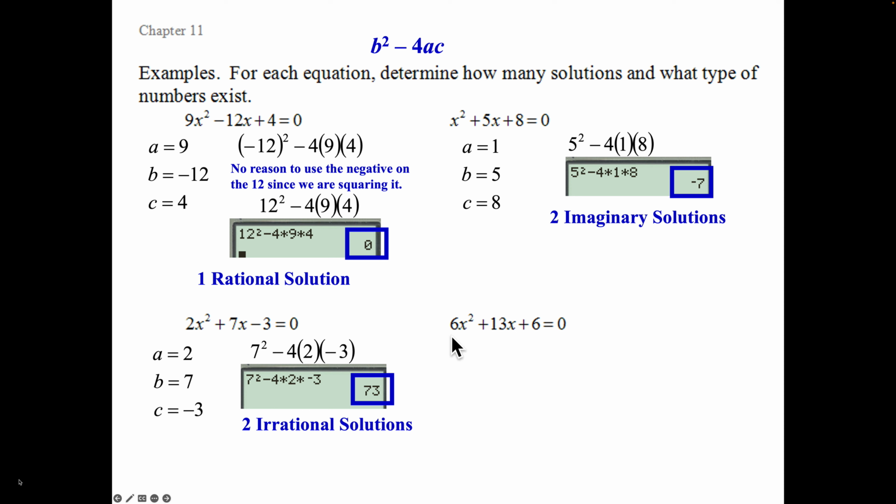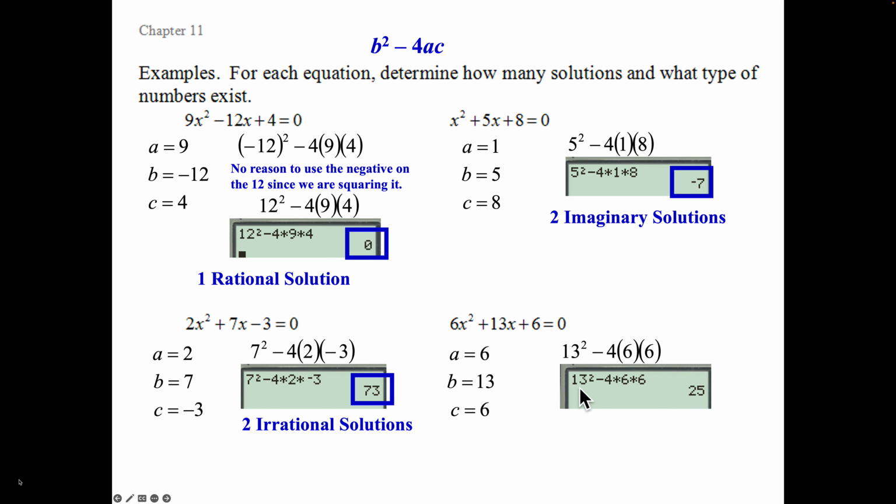Next example, we have 6x squared, so a is 6, plus 13x, b is 13, and c is the positive 6 at the end. Show the substitution: 13 squared minus 4 times a, which is 6, times the c, which is 6.